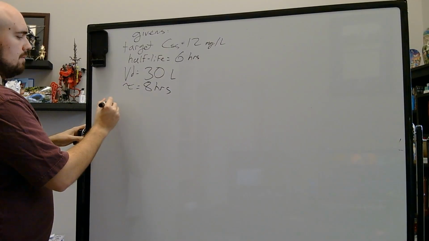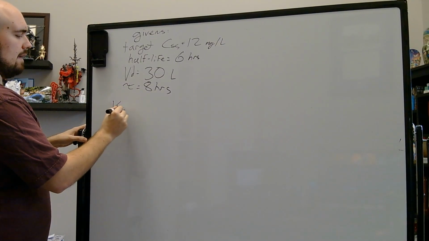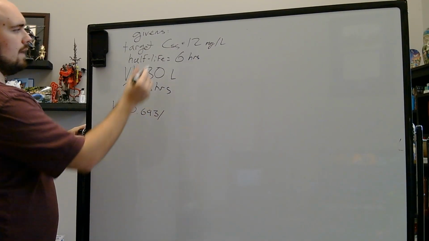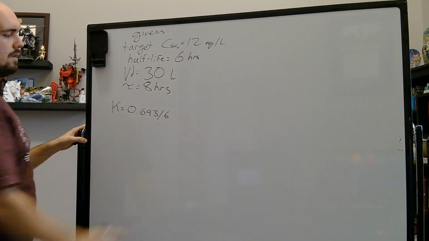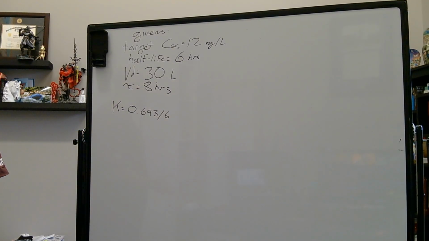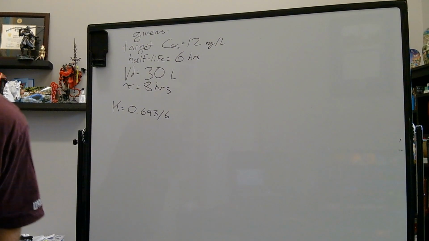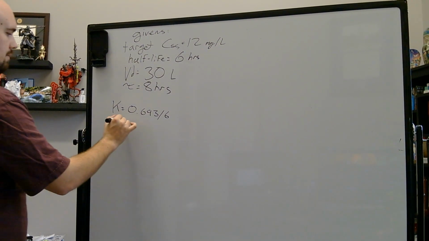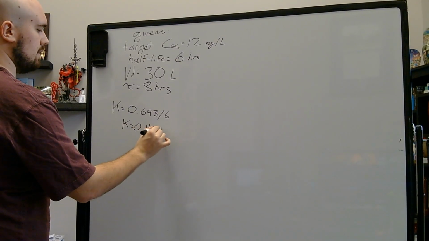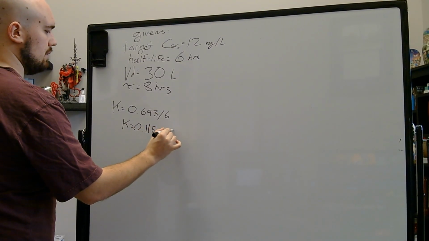Elimination rate constant is K, 0.693 divided by my half-life of 6 hours. I'll plug this together, and I'll get a K of 0.1155. Okay, so K equals 0.1155 hour to the negative 1.